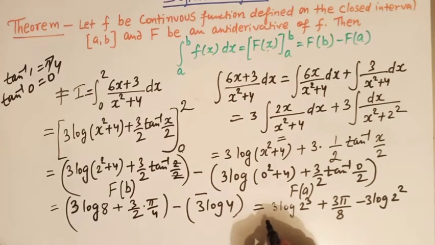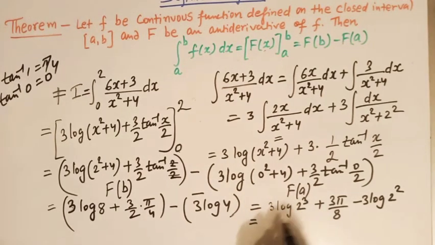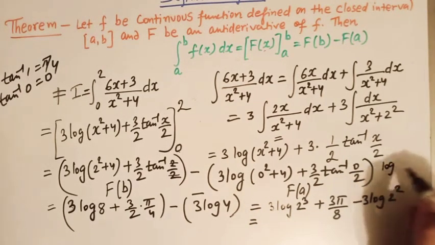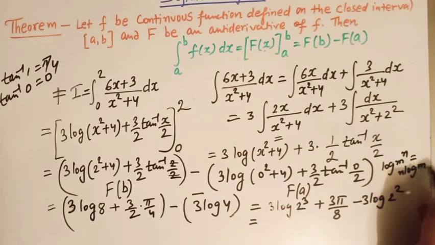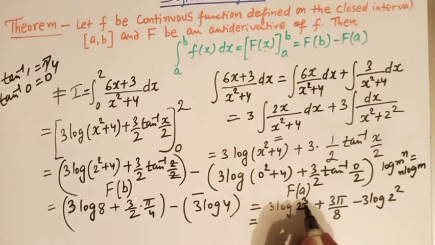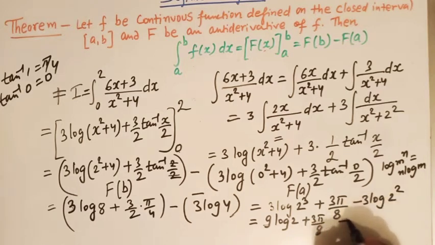Okay. Now by making use of the properties of log, log m raised to n can be written as n log m, right? So this is 3 log 2, and here we already have 3, so 3 3s are 9, so this is 9 log 2 plus 3 pi by 8, and then this 2 comes to the front of this log, so we have 6 log 2, right?